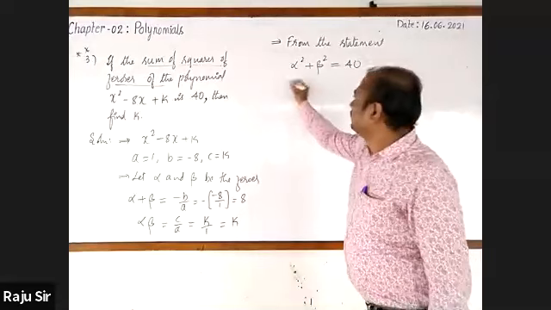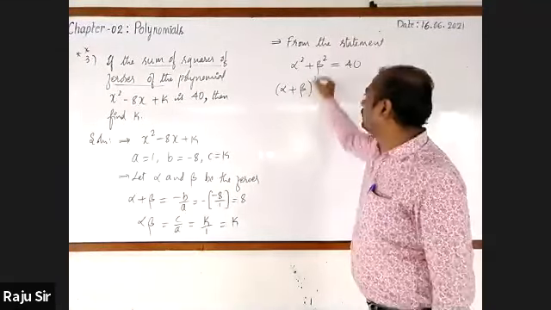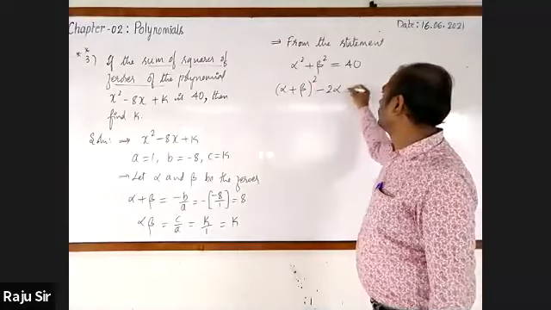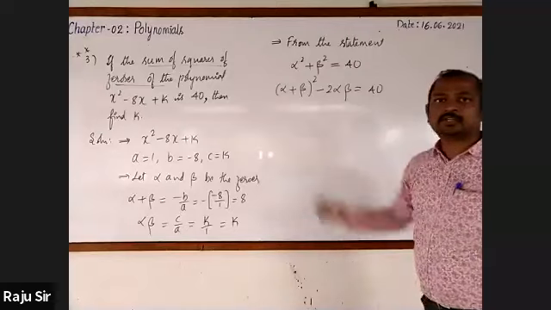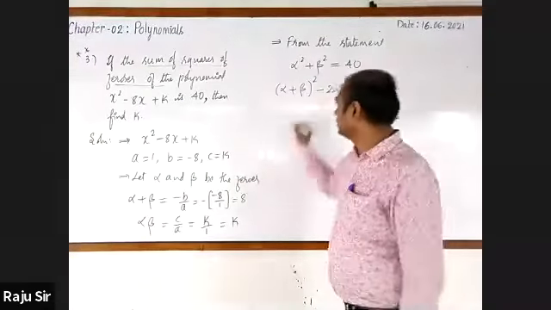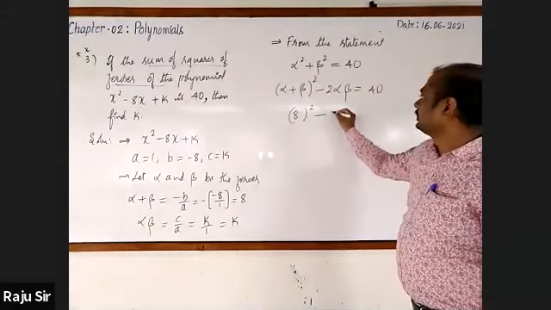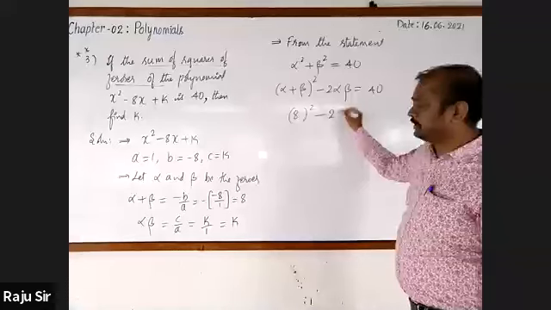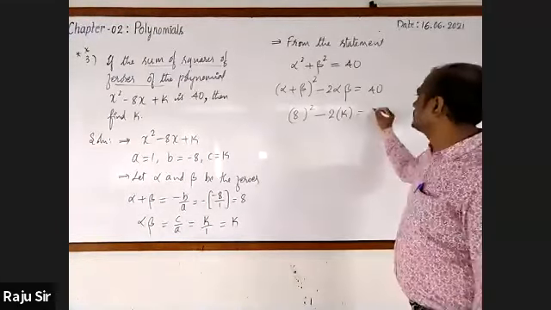Alpha square plus beta square can be written as alpha plus beta whole square minus 2 alpha beta, which is equal to 40. Substitute: alpha plus beta we have found is 8, so 8 whole square minus 2 into alpha beta, which is k, is equal to 40.